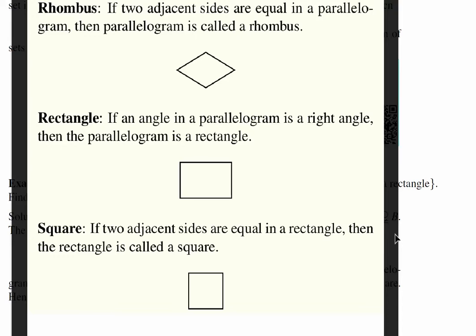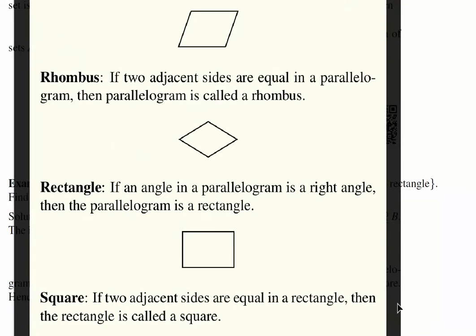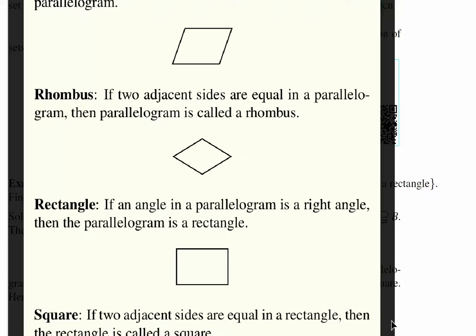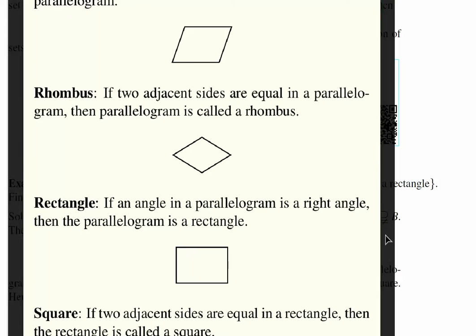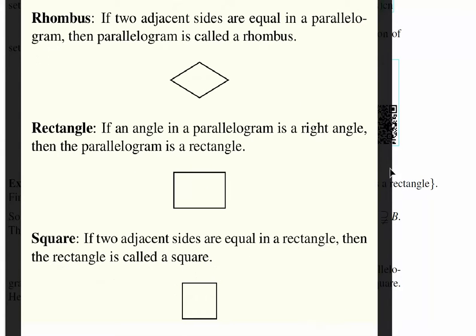So if we require that a figure is both a rhombus, meaning four sides equal, and at the same time a rectangle, meaning four angles are equal, then it has to be a square.